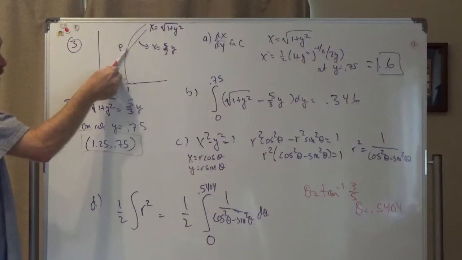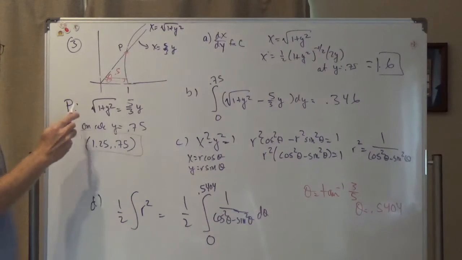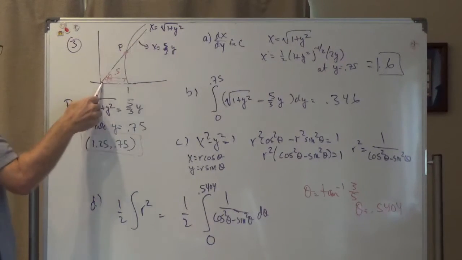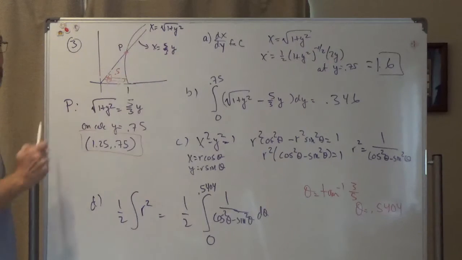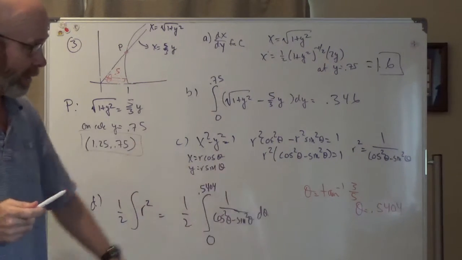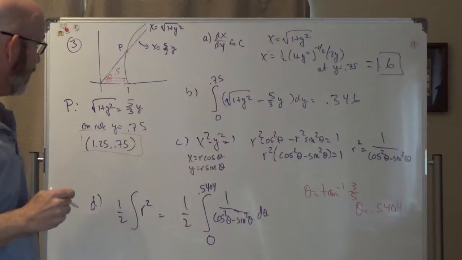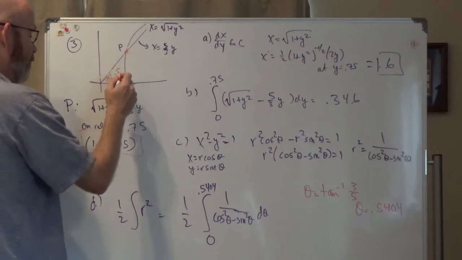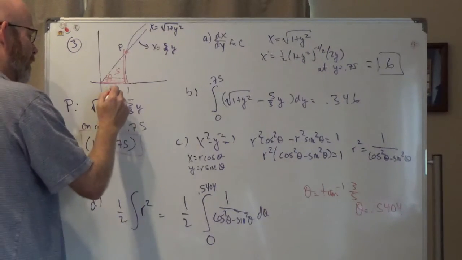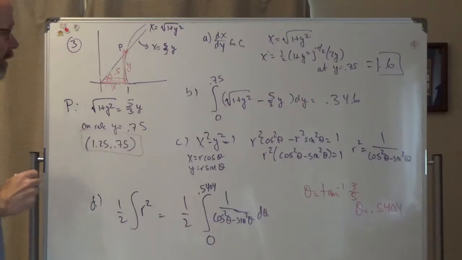So the question is, how do I find that angle right there, right? Because I'm going from here to here. Well, this angle is formed by that line, right? So if you remember, that line has a slope of 5/3. So there's my work. Excuse me. It's just a tangent inverse. This point here, we just go x, y.